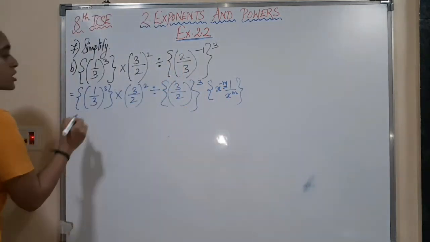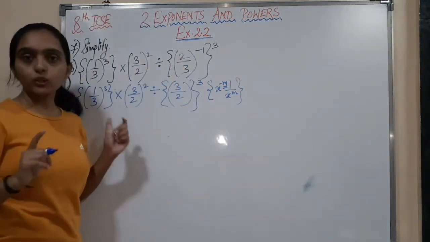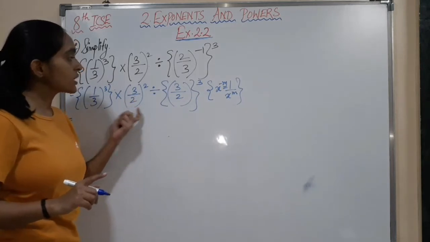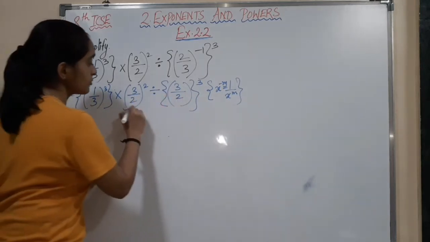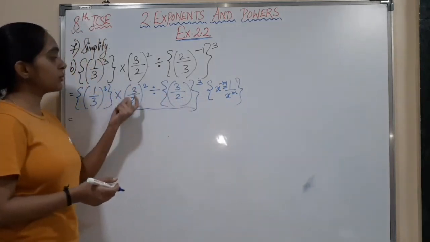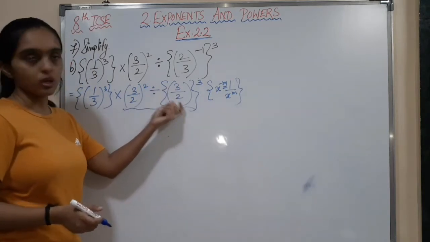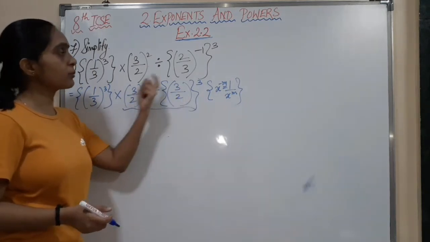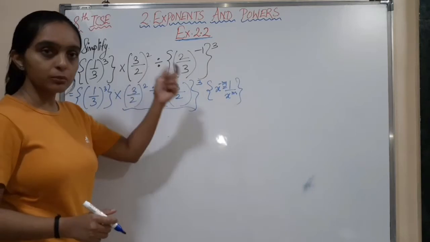Okay. So here, according to the BODMAS rule, we will first divide these terms. So I have 3 upon 2 and again 3 upon 2. So here bases are the same, just the powers are different. So we can subtract the powers.